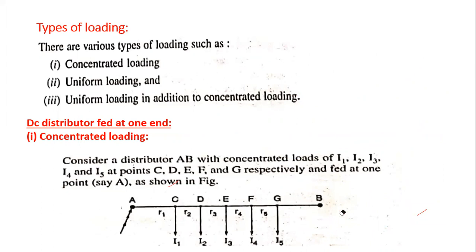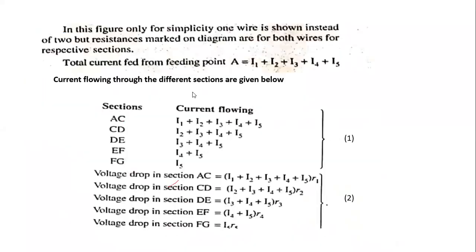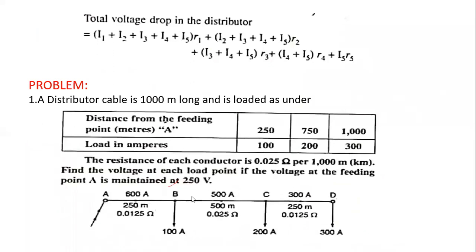Next, these are the currents at each section and these are the voltage drops at each section. Next we calculate the total voltage drop at this feeder line.